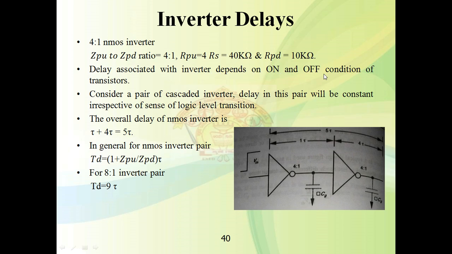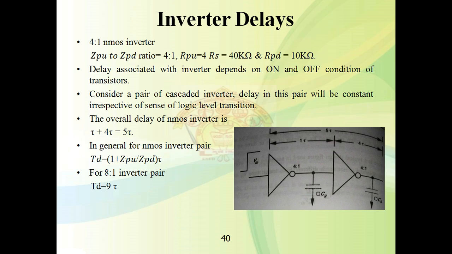The delay associated with the inverter depends on the on and off conditions of the transistors. If the pull-down transistor is on, it will discharge the capacitance, and if the pull-up transistor is on, it will charge the capacitance.